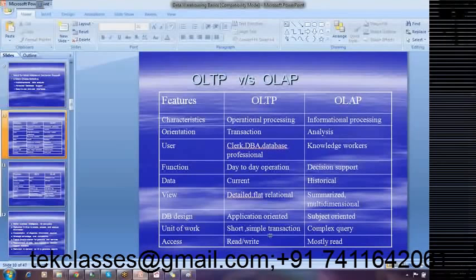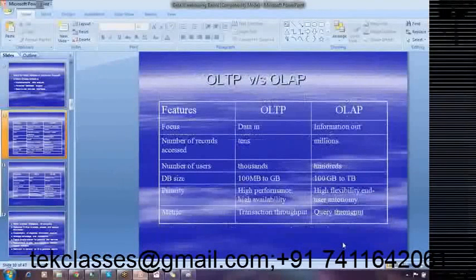In the OLTP system, you're going to read the data and write the data, everything you'll do. But in OLAP applications, you're going to only read the data. Most of the time, by using your BI tools, you're going to read the data, not do any kind of writing from the BI tools.